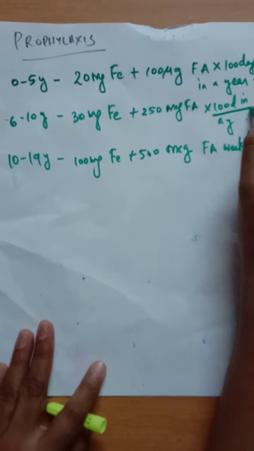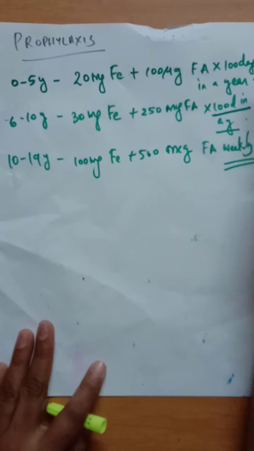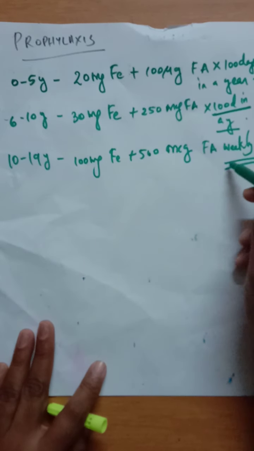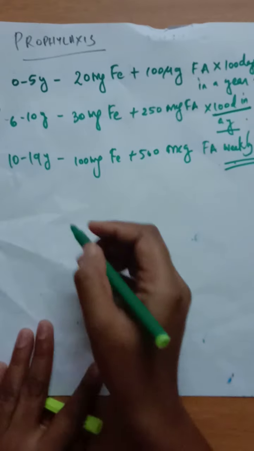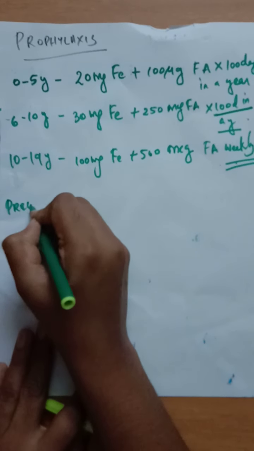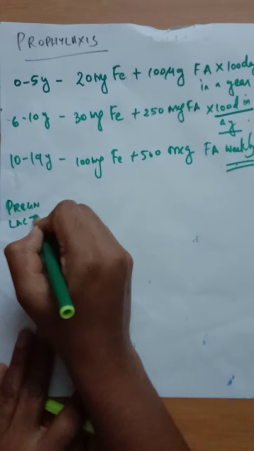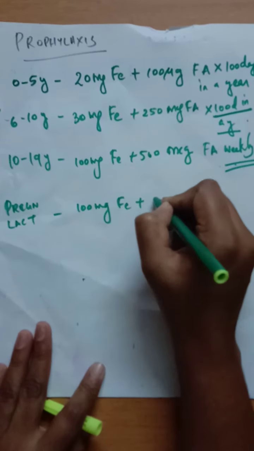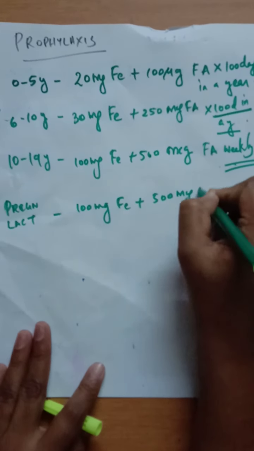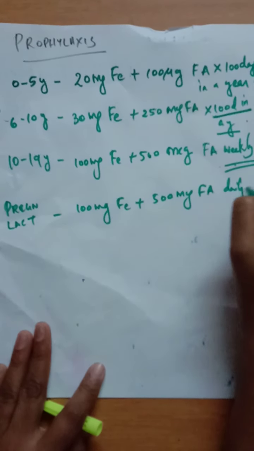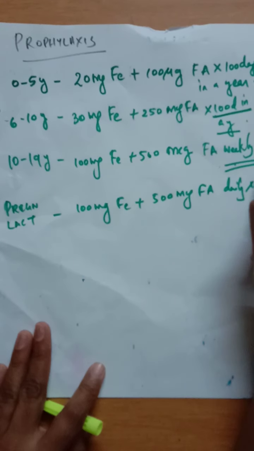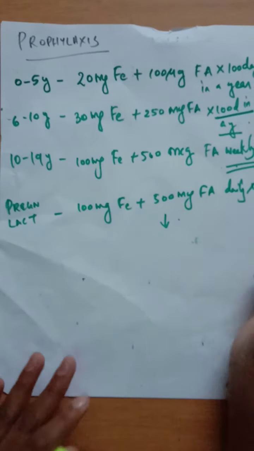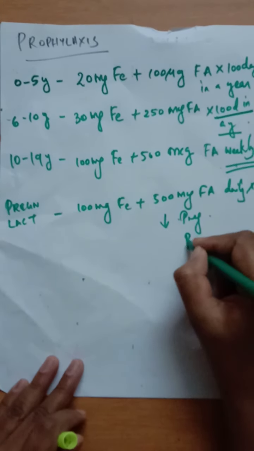So that is 100 days in a year, like 3 months in a year. This is in adolescents, weekly we have to give prophylaxis. Then pregnant and lactating mothers, 100 mg elemental iron plus 500 microgram folic acid daily for 100 days during pregnancy, followed by the same dose in the postpartum period.